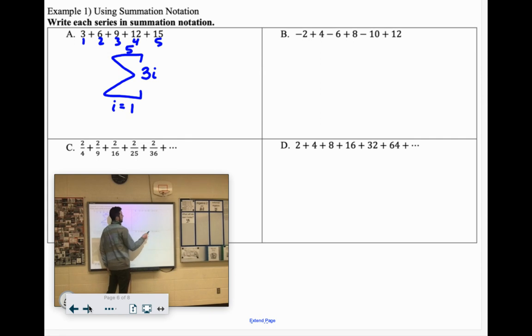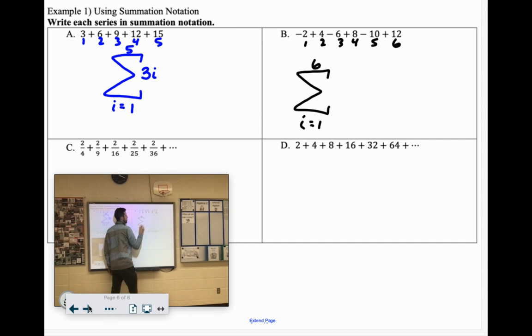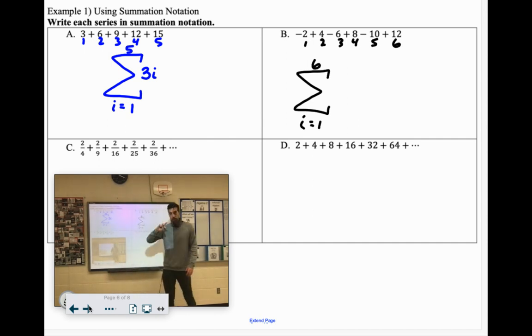So let's try this out. All right, there's 1, 2, 3, 4, 5, 6 terms. So we're starting at 1. We're maxing out at 6. Now you're alternating positive and negative. So if you remember from before when we had just the sequences, we had to do -1 to the n power or the n plus 1.